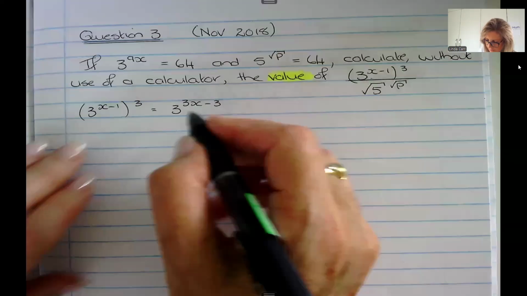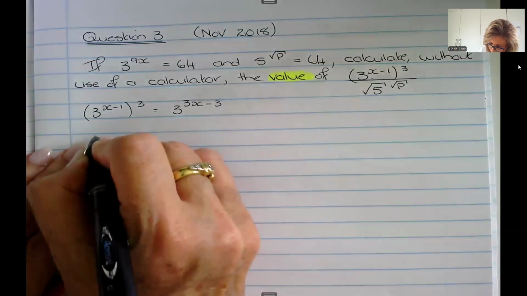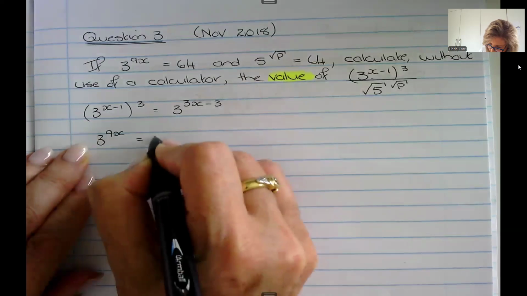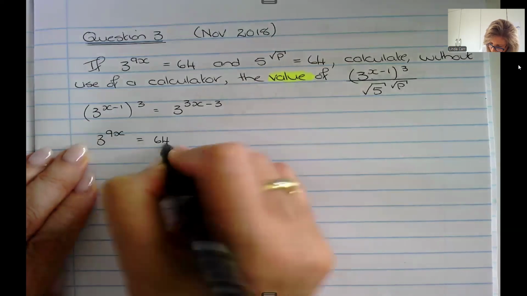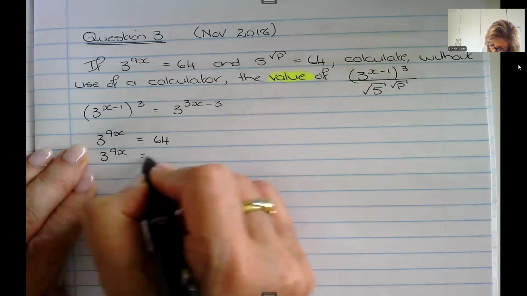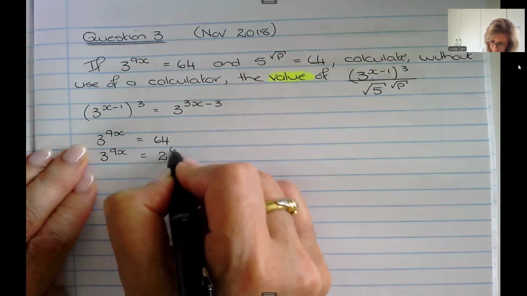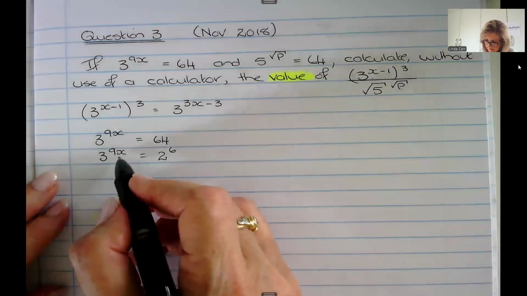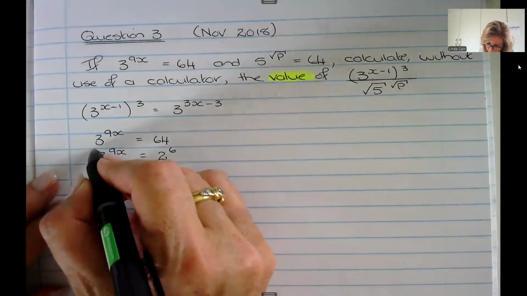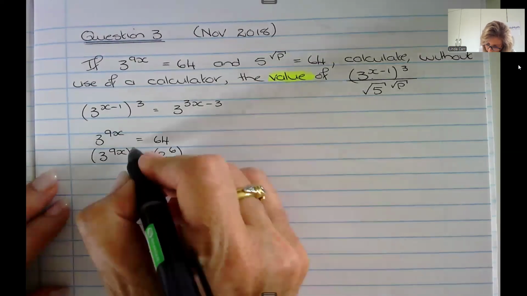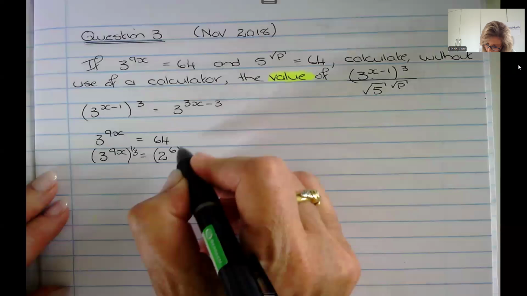Okay, so with that in mind, I'm going to say 3 to the 9x equals 64, which means 3 to the 9x is 2 to the 6. Now, I can raise both sides to the 1/3.